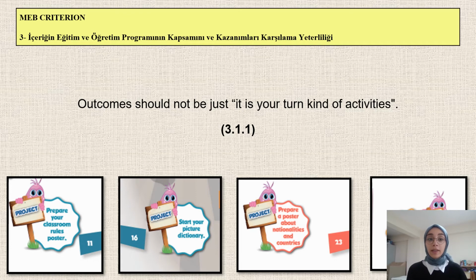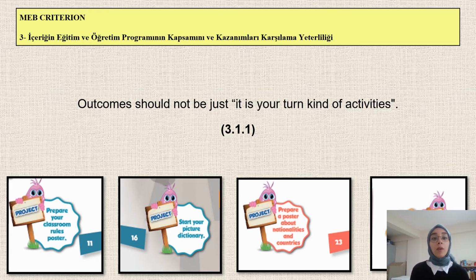In the same criterion, it says that outcomes shouldn't be just "it is your turn" kind of activities. However, when we look at all the project boxes, it is nearly the same kind of sentence. It says prepare your classroom rules poster, start your picture dictionary, prepare a poster, prepare a poster.